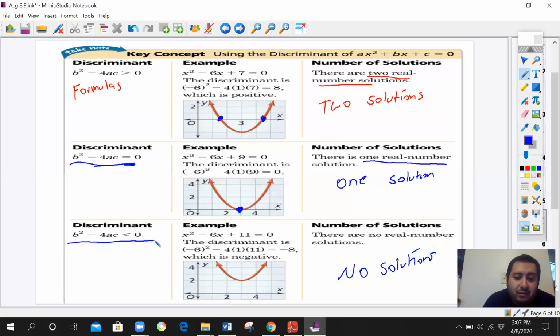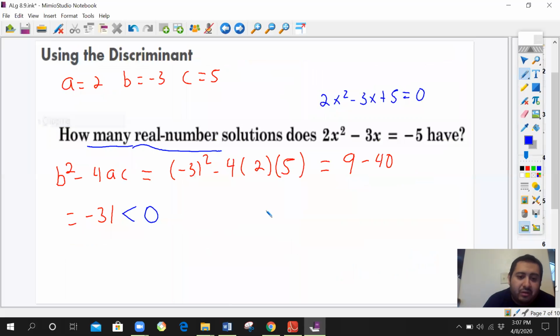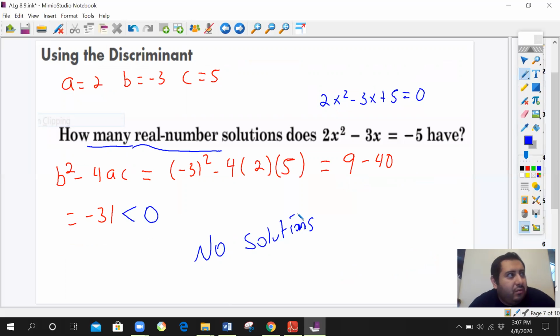Anything less than 0, then you have no solutions. So in this case, no solutions. That's all you're doing to find how many real solutions: applying the discriminant formula, labeling it and plugging it into the formula, and from there you just see how many real solutions there are.